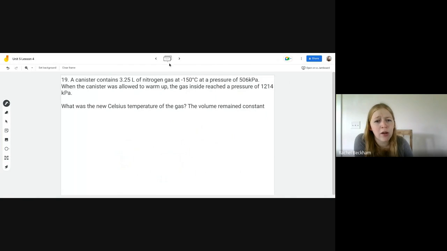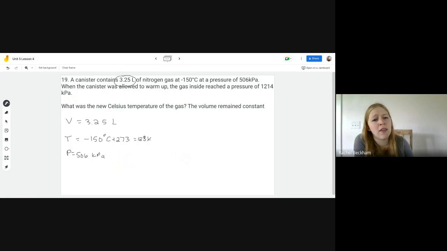All right, last one. This 3.25, I already know that's going to be a volume. It has 3.25 liters of gas. The temperature is negative 150, so let's add 273 to that because I know that I need to. 273 minus 150, I'm getting 123 K. It has a pressure of 506 kPa.